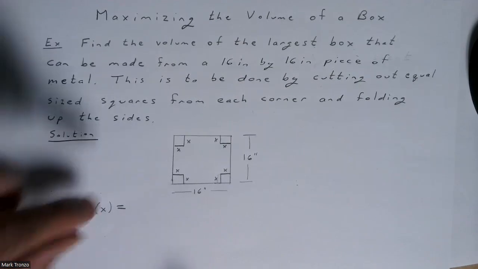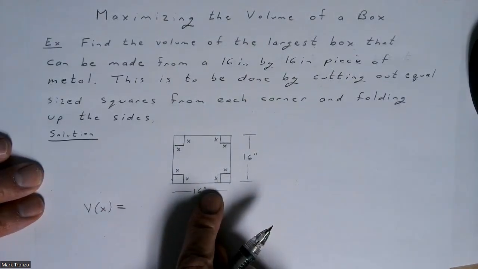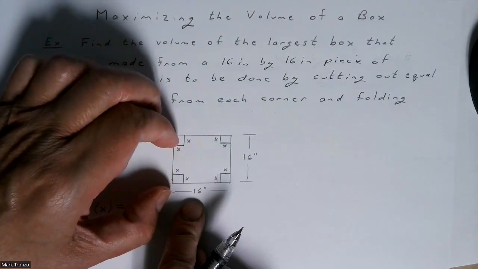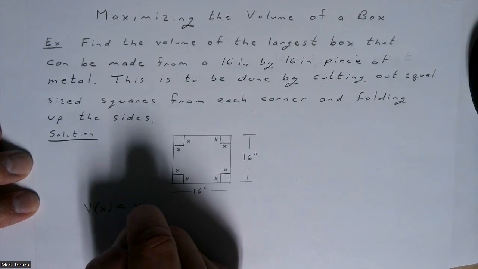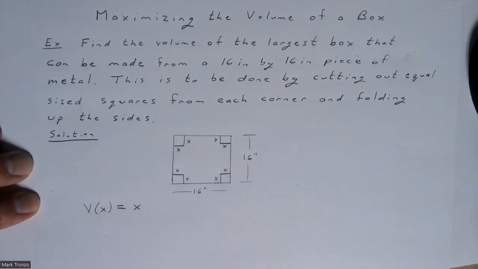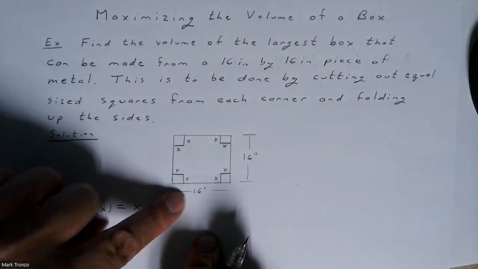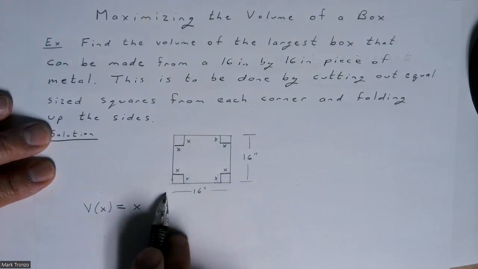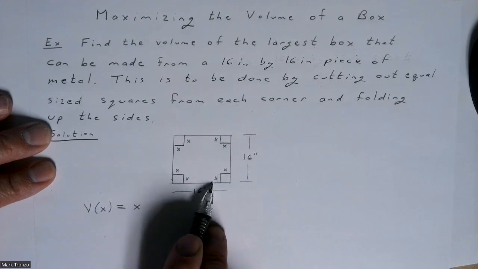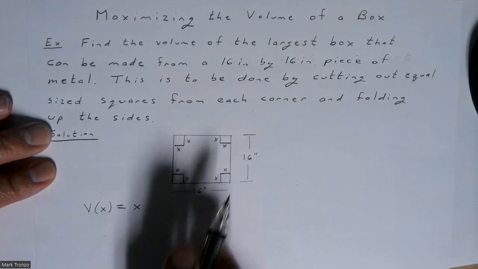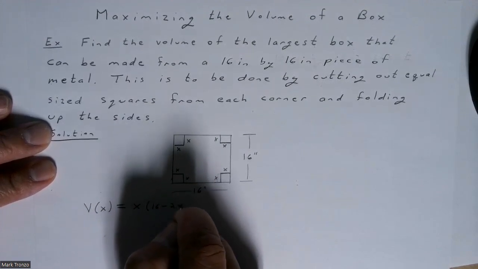And again, when we fold these up, think of what we're going to have. The height, when we fold up the edge, x will be the height. If you can imagine folding this box up, it'll be x tall. And then the width is going to be 16 minus x minus x, so that's going to be 16 minus 2x.